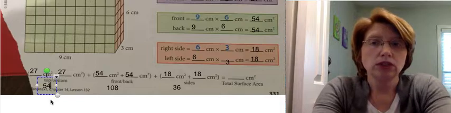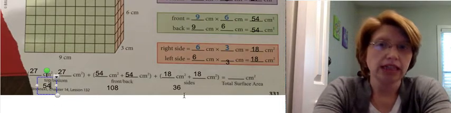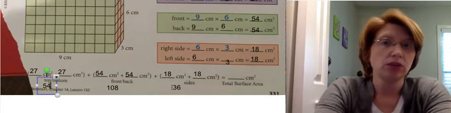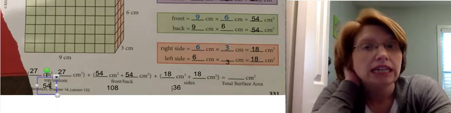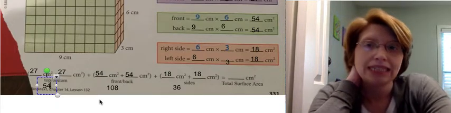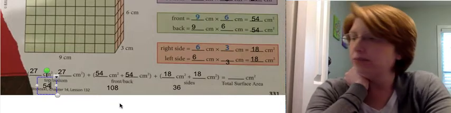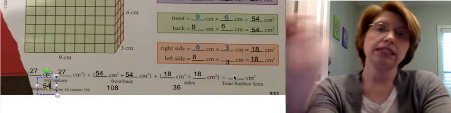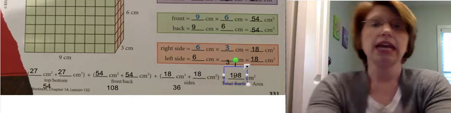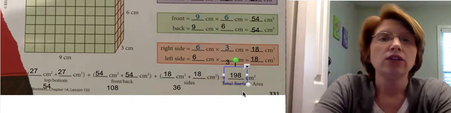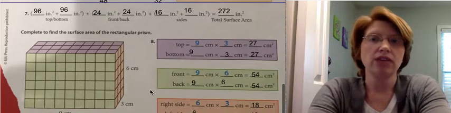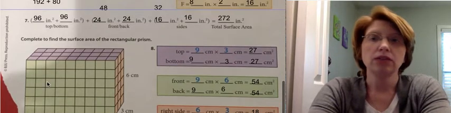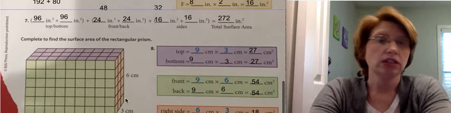So I'm going to choose 54 and 36 to add first because they have matching partners. 4 and 6 is a partner, and that makes a 10. So that's easy in my head, and that makes 90. And then 90 plus 108 is easy to do. That's 198. So 198 centimeters squared is the surface area of this rectangular prism because we just took each side.